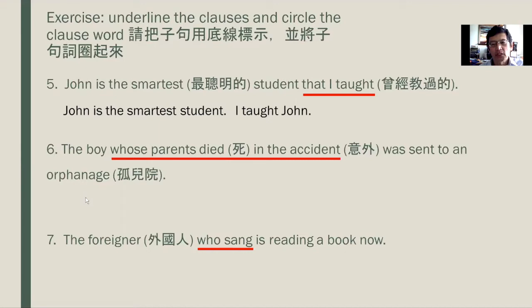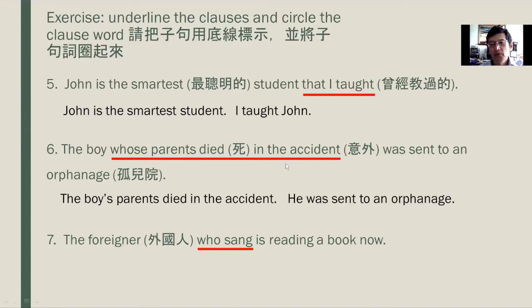What about number 6? What are the two sentences here? The first sentence is, the boy's parents died in the accident. What about the second sentence here? What would that be? He was sent to an orphanage. The boy whose parents died in the accident was sent to an orphanage.